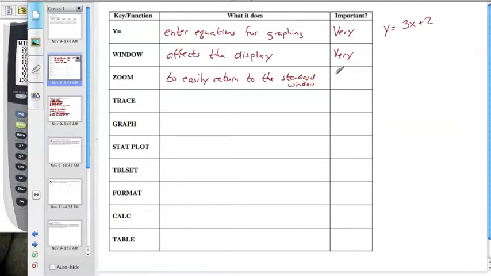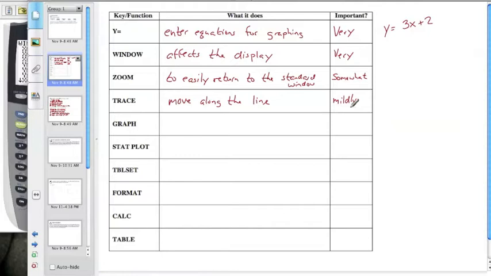I'll say that this one is somewhat important. The next button is the trace. That allows you to move along the line, and we'll classify that one as mildly important.